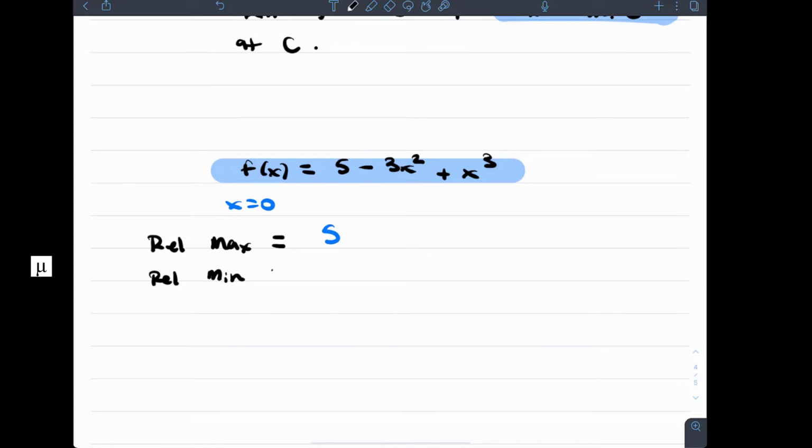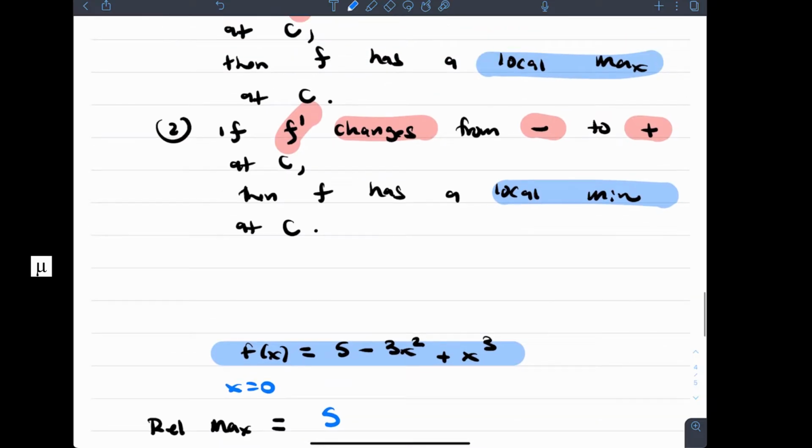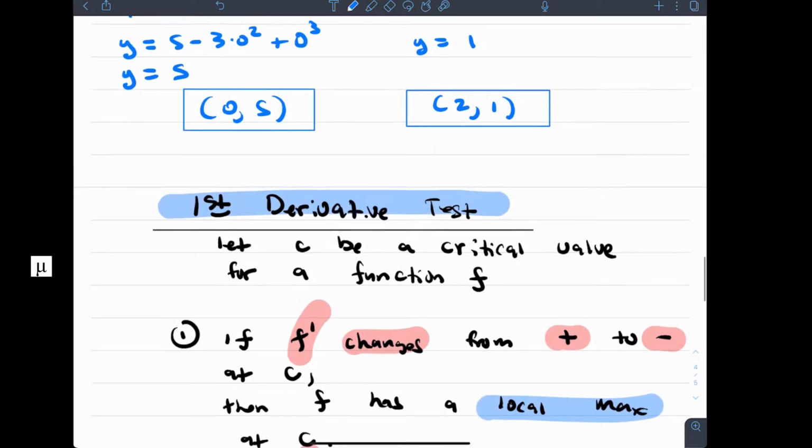A relative min happens when x is, what's the other value? 2. Happens when x is 2. What do you get here? You get 1.